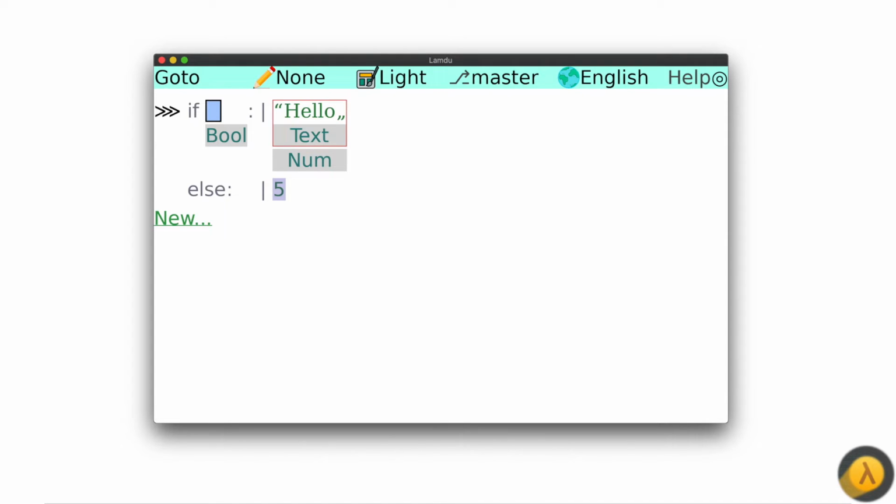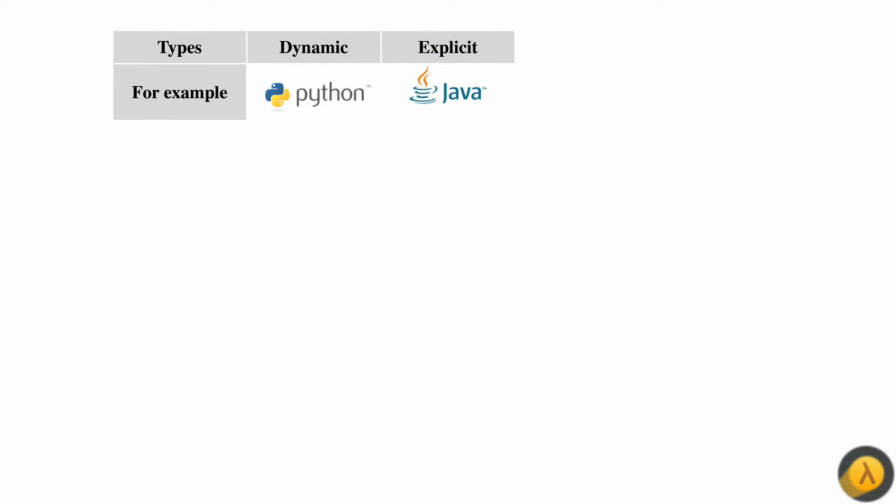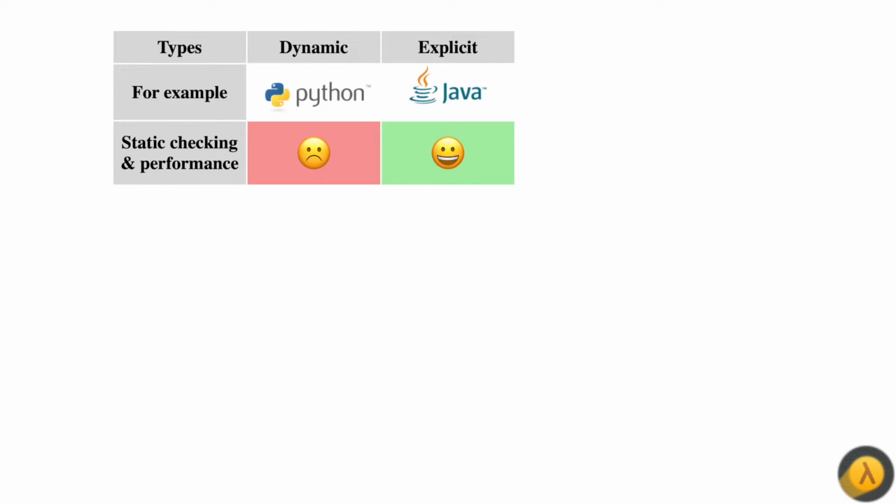Before we expand on this more, let's take a step back and review common approaches to types in popular programming languages. We'll start by comparing dynamic languages like Python and JavaScript to explicitly typed languages like Java and C#. Static languages catch type errors in compile time, never in production, and the programs are also faster and more efficient.